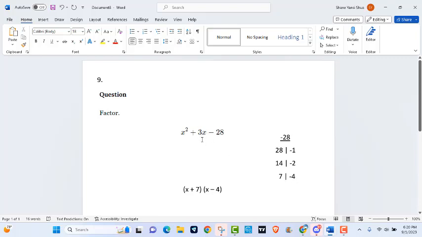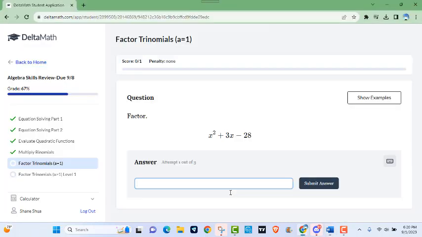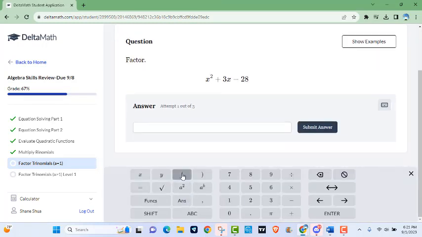So for factoring into binomials, I'm going to have an x plus 7 times an x minus 4, because we have 7 and negative 4 in the binomials. So this is what I'm going to enter into DeltaMath. x plus 7 times x minus 4.